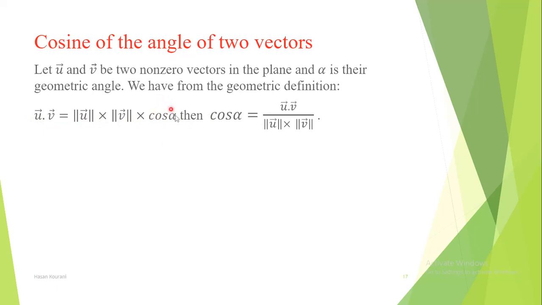We are usually given u dot v and the magnitudes, so we can easily find cosine alpha. Just divide both sides by the magnitude of u times the magnitude of v to get cosine alpha, which is u dot v over magnitude of u times magnitude of v.